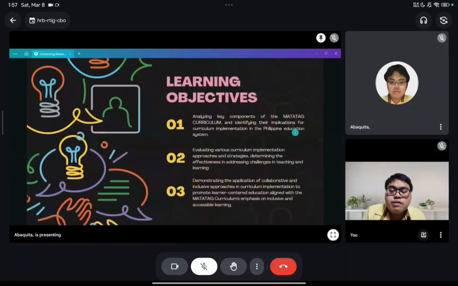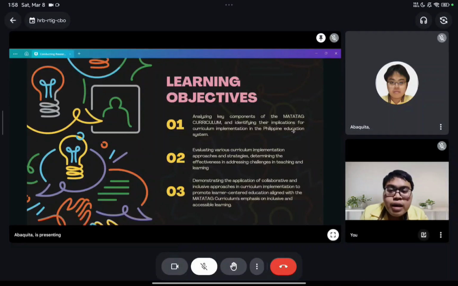So now let us go to the learning objectives first. The first one is to analyze key components of the MATATAG curriculum and identify their implications for curriculum implementation in the Philippine education system.